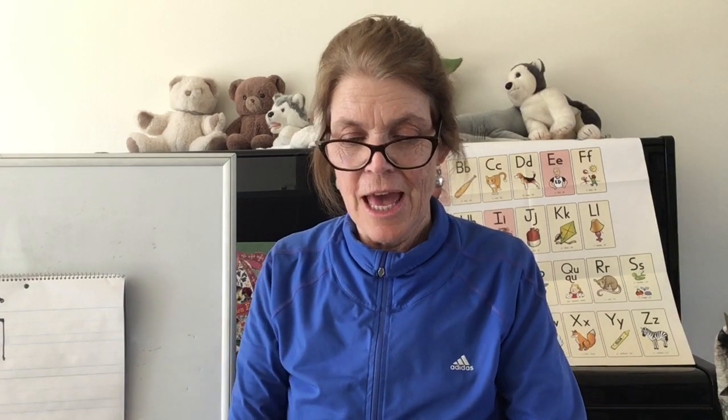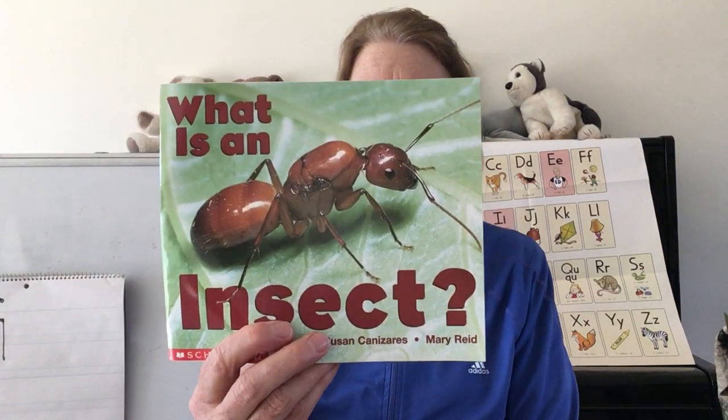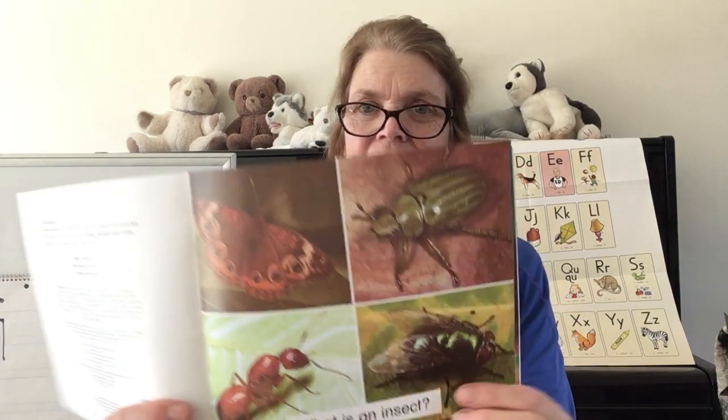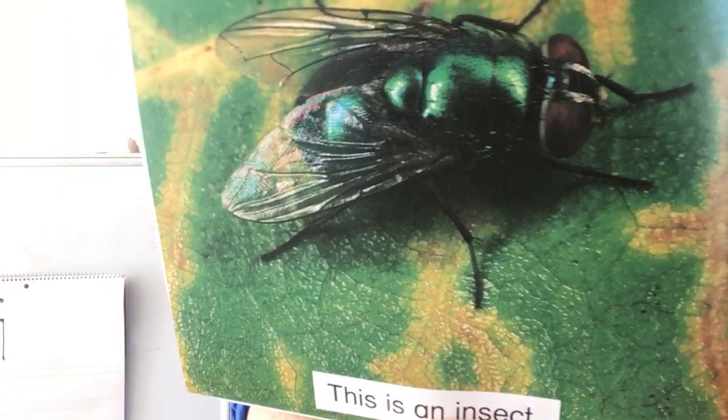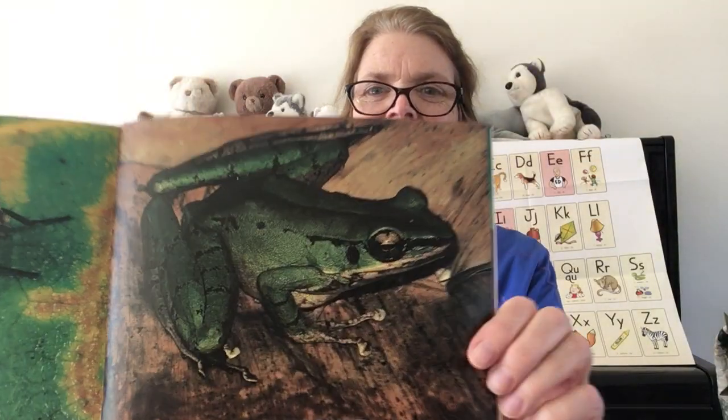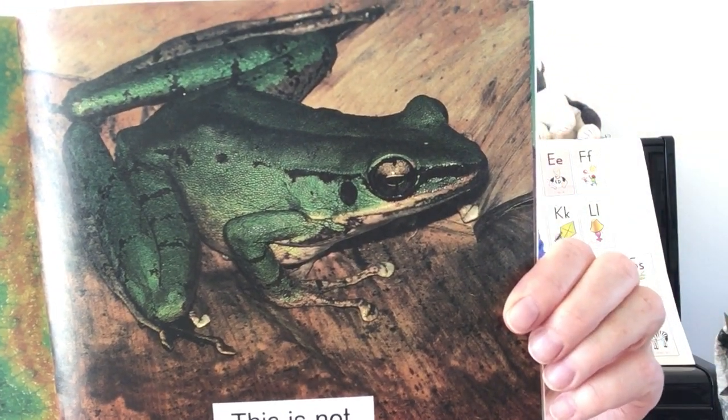So right now I'm going to read you this story. What is an insect? And we're going to guess what's an insect and what's not an insect. What is an insect? This is an insect. That's a fly. This is not.